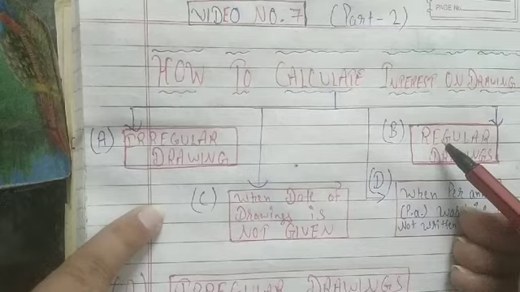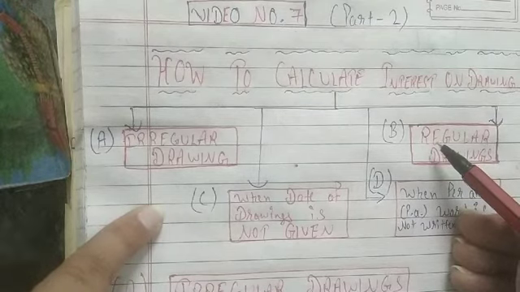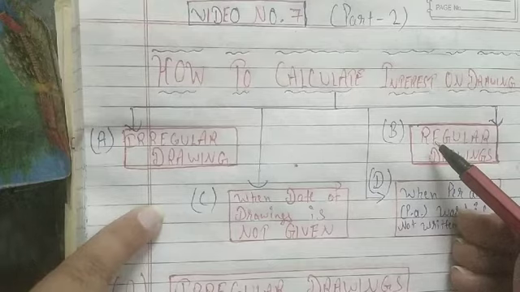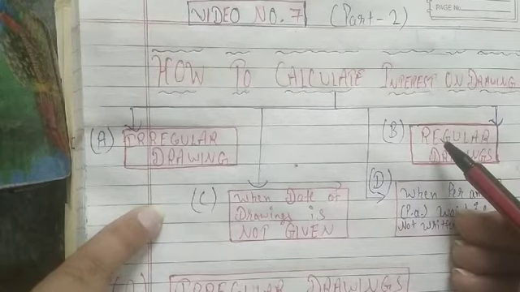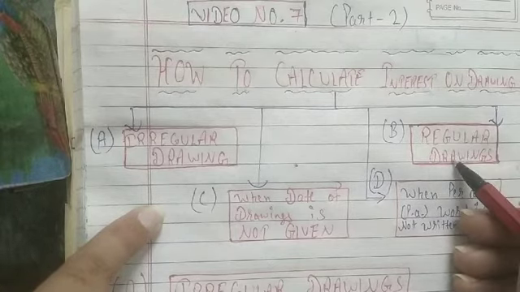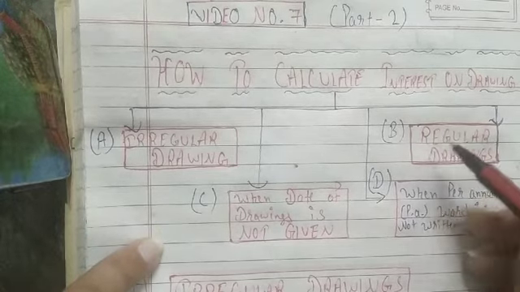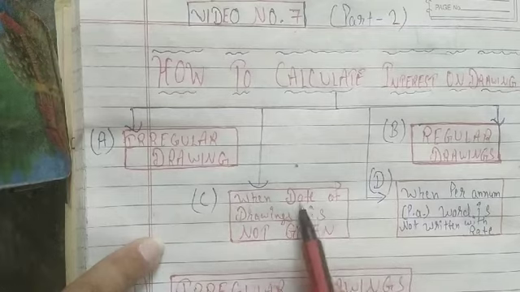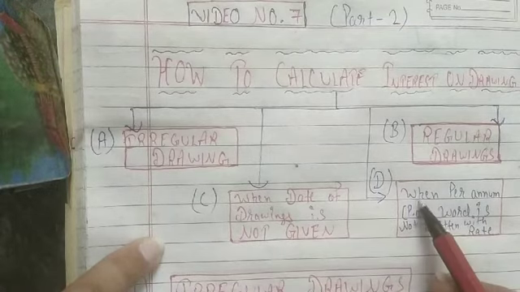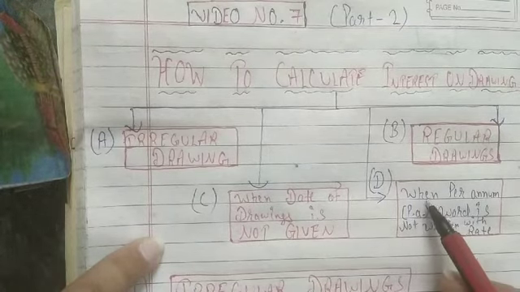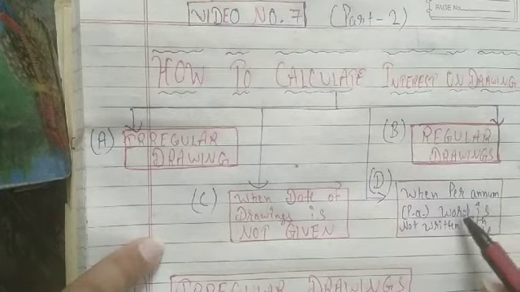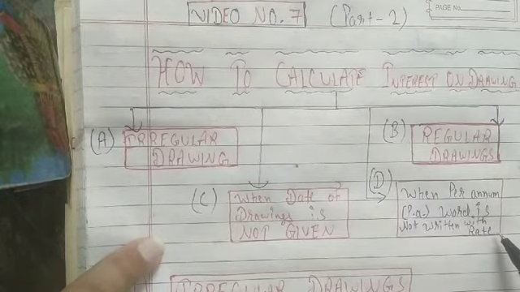If a partner is withdrawing a fixed amount at a fixed interval, suppose he is withdrawing 10,000 every month, or 15,000 every quarter, or 50,000 every 6 months, then his drawings will be regular. Clear? And case C, when the date of drawing is not given. And case D, the last case, is when the per annum word is not written with the rate.